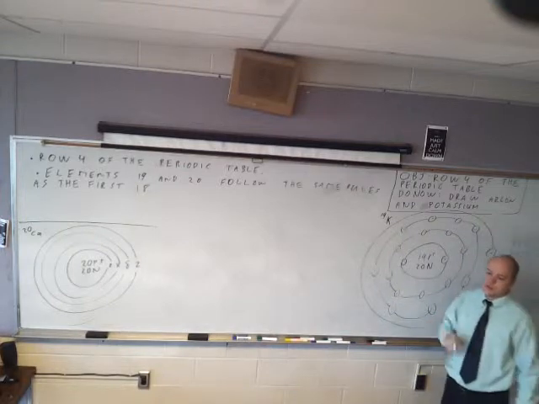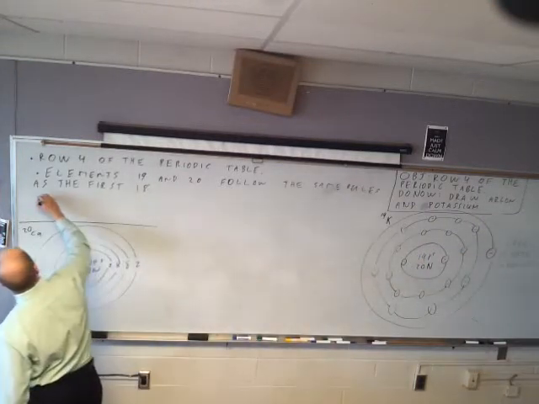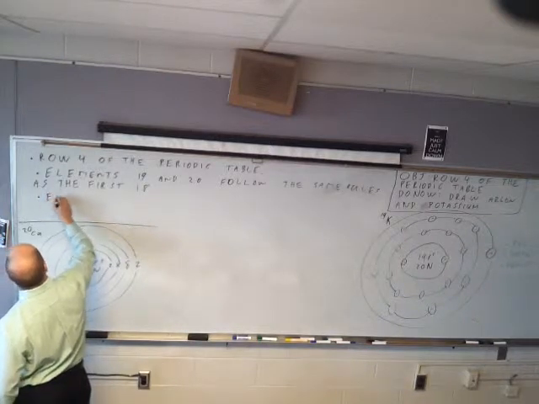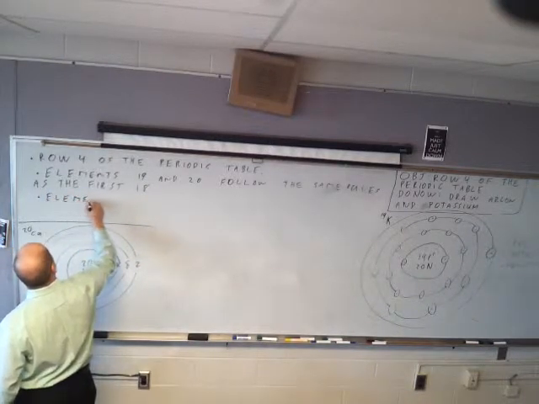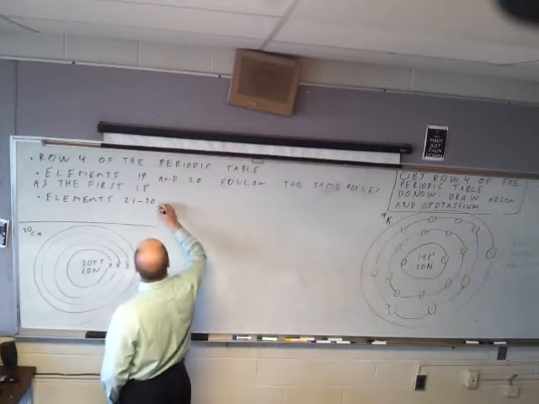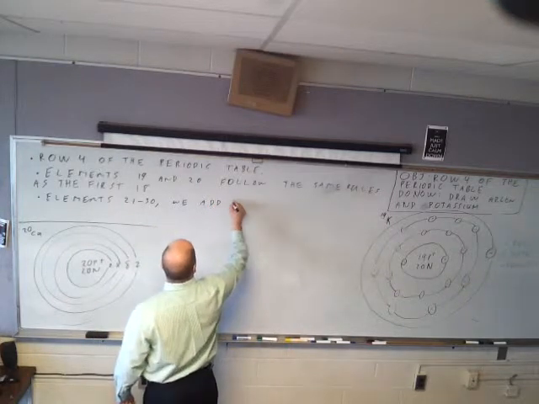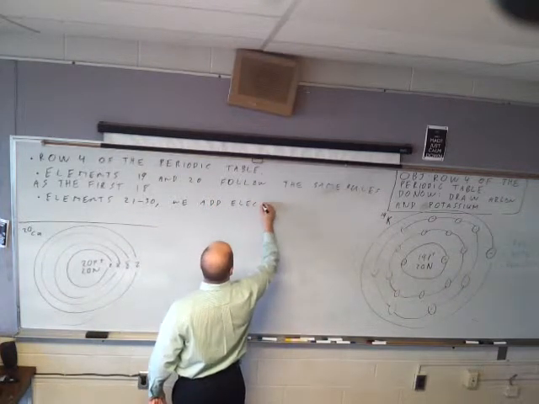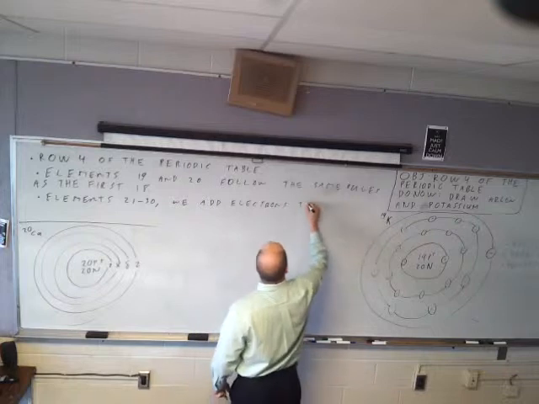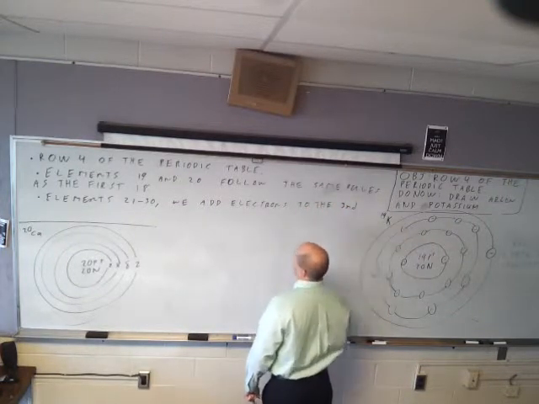But now the rules change after number 20. And so this part is what this whole lesson is about. So this is elements 21 through 30. We add electrons to the third shell as we go along.